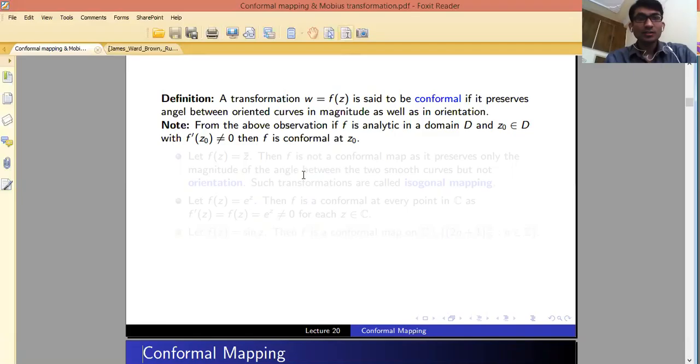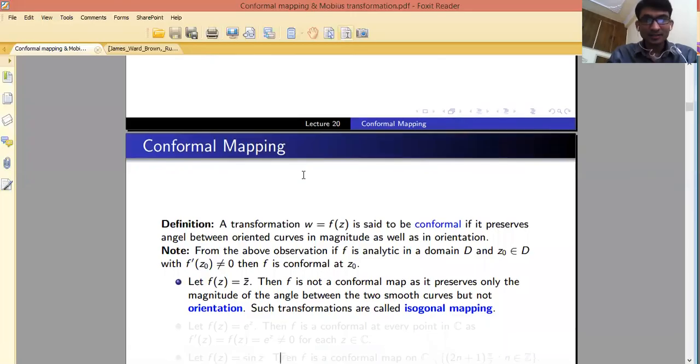And note from the above observation, if f is analytic in a domain D and z naught is a point belonging to D with its derivative at z naught not equal to 0, then f is conformal at z naught. तो एक ये भी आइडिया है कि यदि f एनालिटिक है और उस z नॉट पे फंक्शन का डेरिवेटिव नॉन जीरो है तो f जो है हमारा कॉन्फॉर्मल होगा एट z नॉट पे.